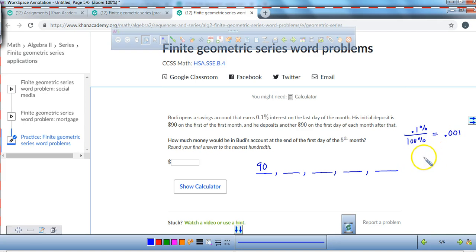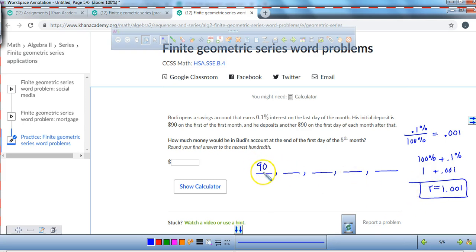That means our rate, if we take 100%, which is 1, and add 0.1%, which is 0.001, our R value is actually 1.001.